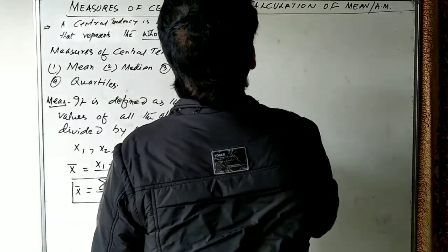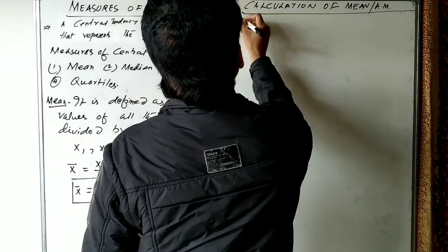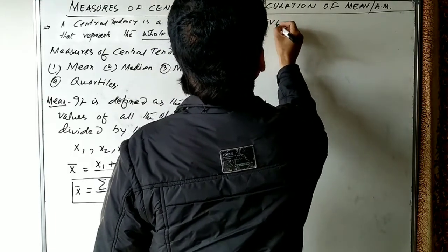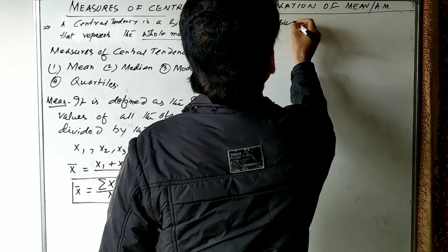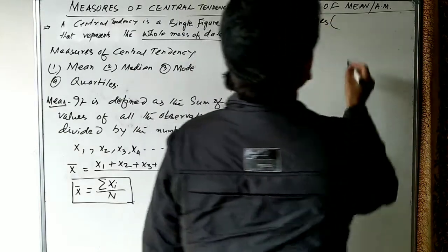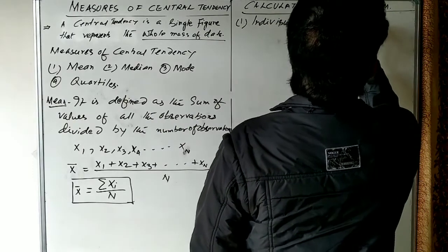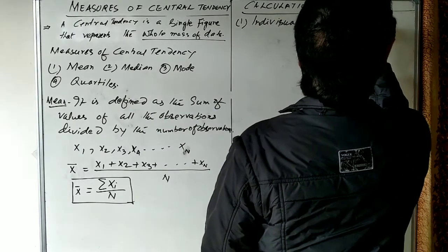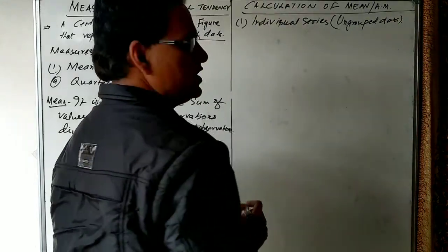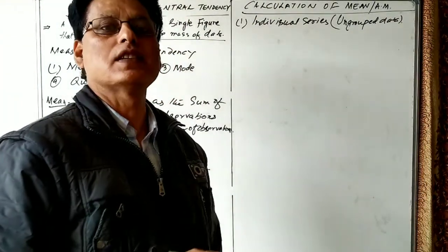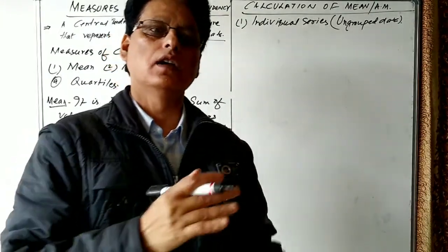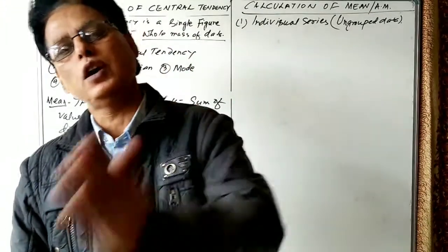Let us take the first one, the individual series. This individual series is also called ungrouped data. If the individual series are given in whole numbers, the value jumps from one value to another.